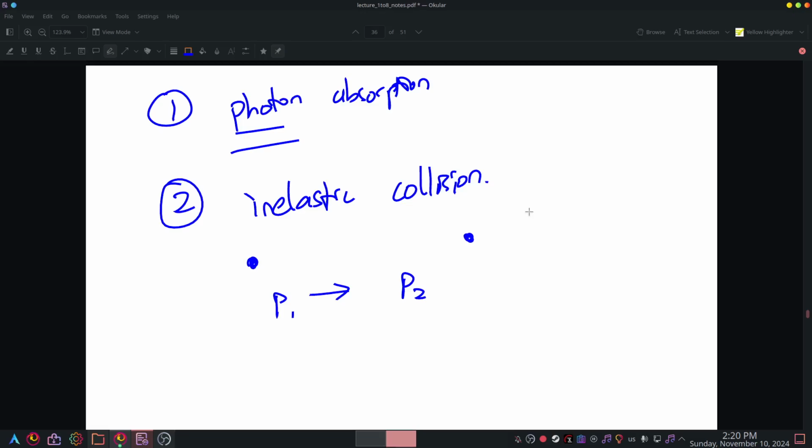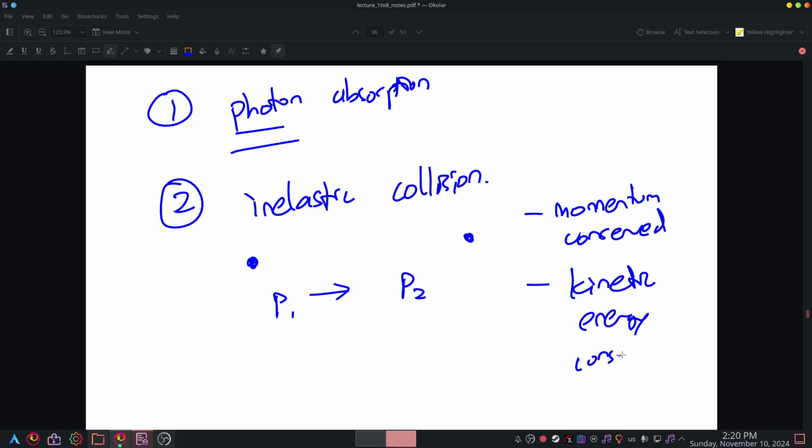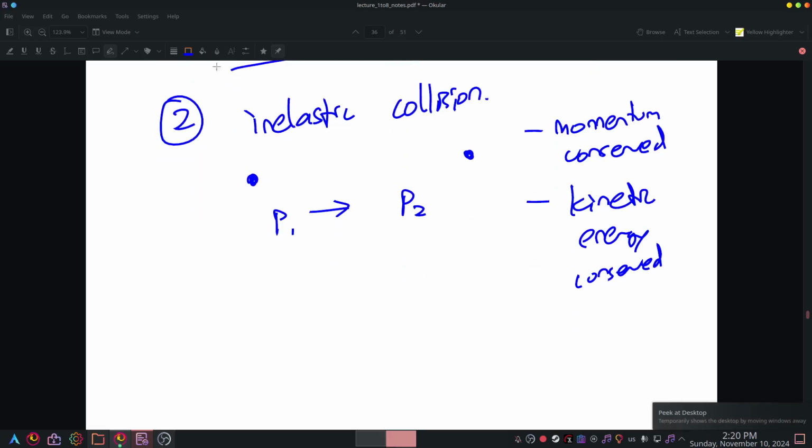Here, momentum is conserved, and secondly, kinetic energy is conserved. For those of you unfamiliar, momentum is always conserved. This is a basic physics principle, but is kinetic energy conserved?